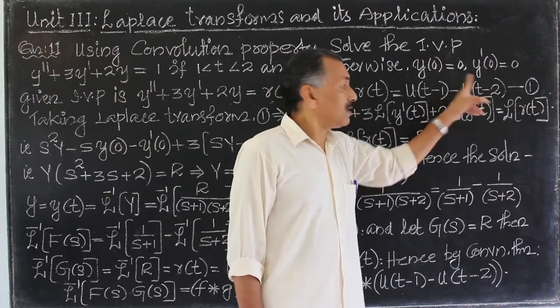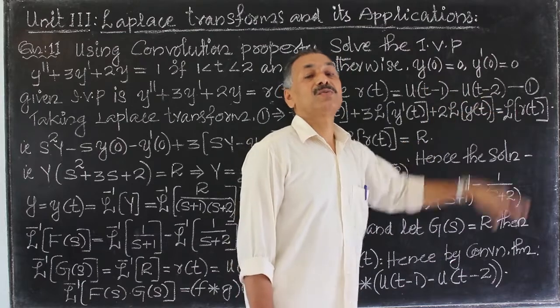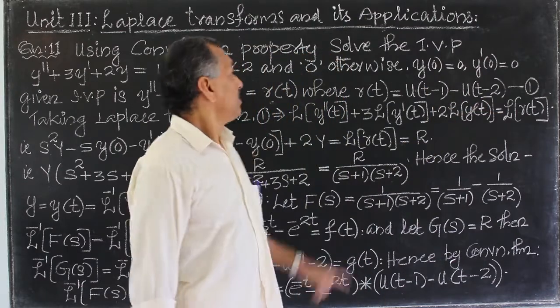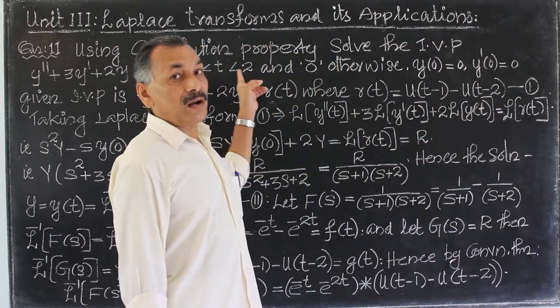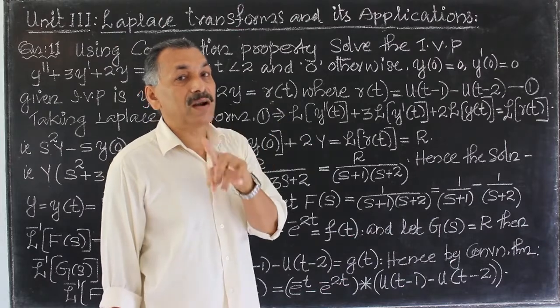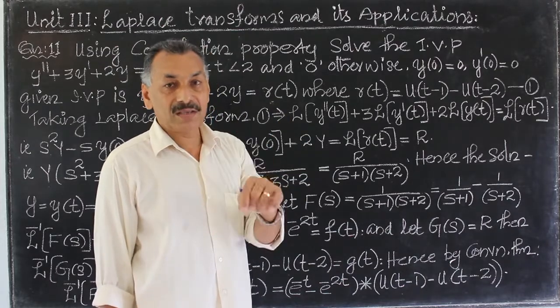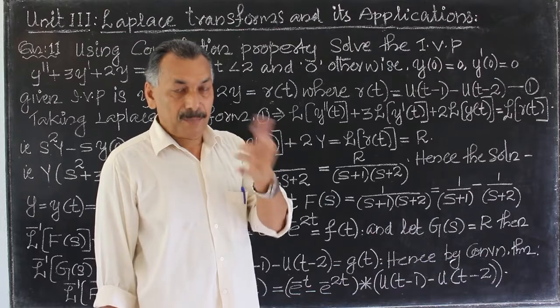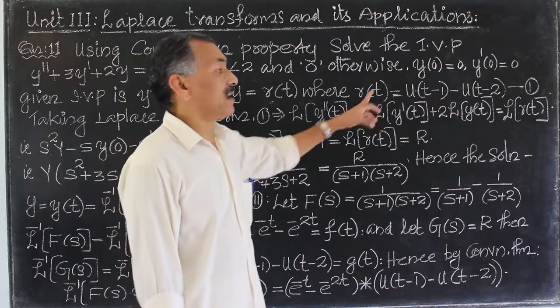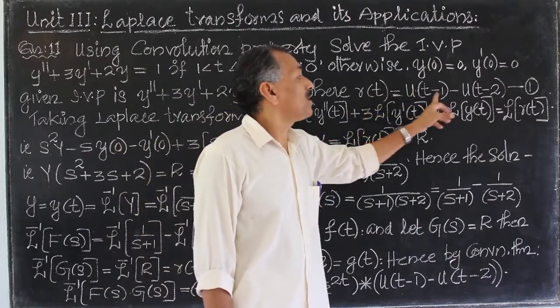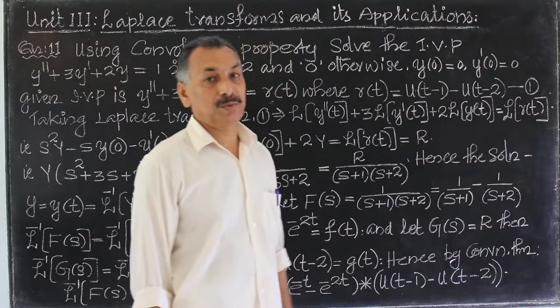Therefore, this value is equal to 1, this is also equal to 1, and 1 minus 1 is equal to 0. That means this function r of t is equal to 1 if 1 less than t less than 2, and equal to 0 otherwise. That function can be represented using unit step function like this: r of t is equal to u of t minus 1 minus u of t minus 2.